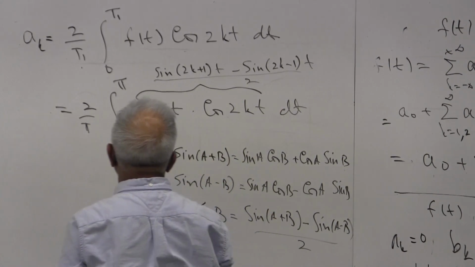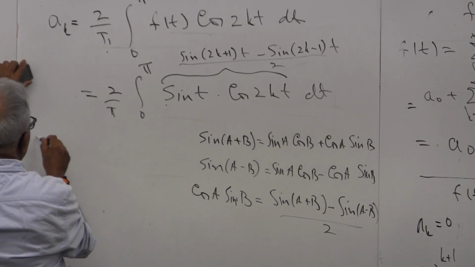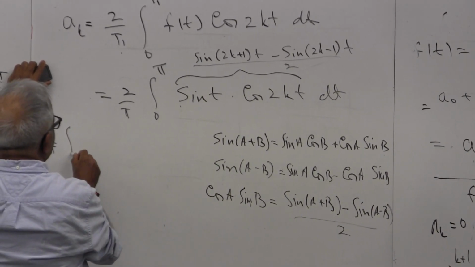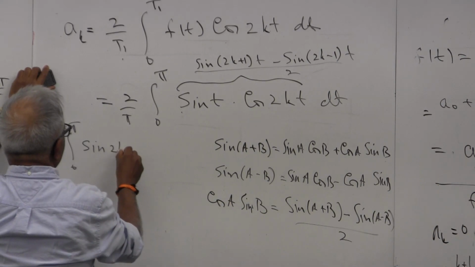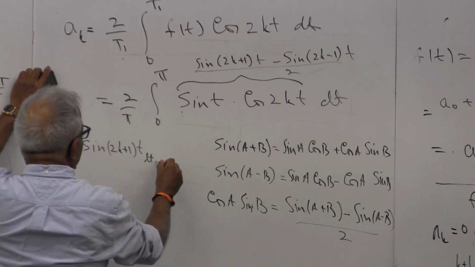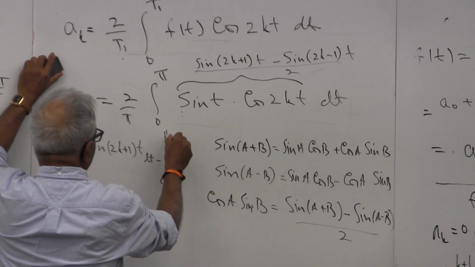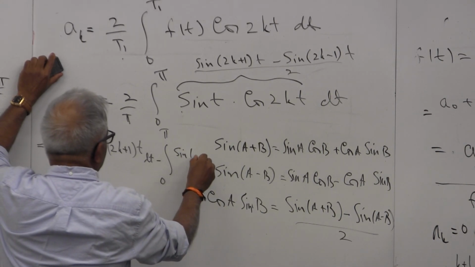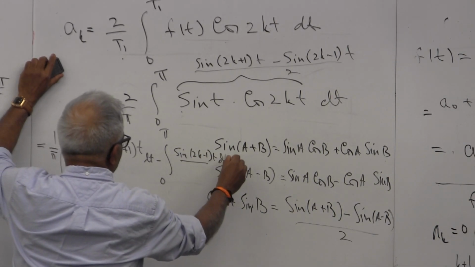So I'm going to put that here. The 2 cancels, so 1 over pi, 0 to pi, sine (2k plus 1)t dt minus sine (2k minus 1)t dt.